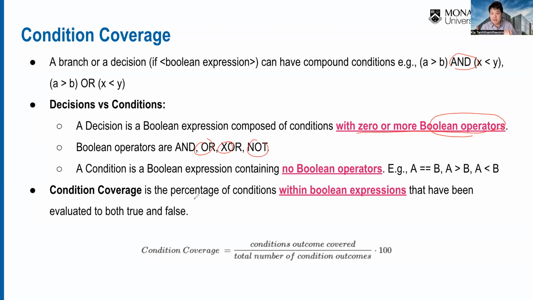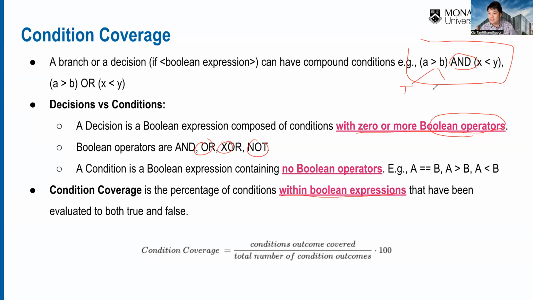It measures the percentage of the conditions within the Boolean expression that have been evaluated to both true and false. So if we look at this one, of course, we have 4 variables, A, B, X, and Y. But what are the conditions? A greater than B and X less than Y. And each has 2 outcomes.